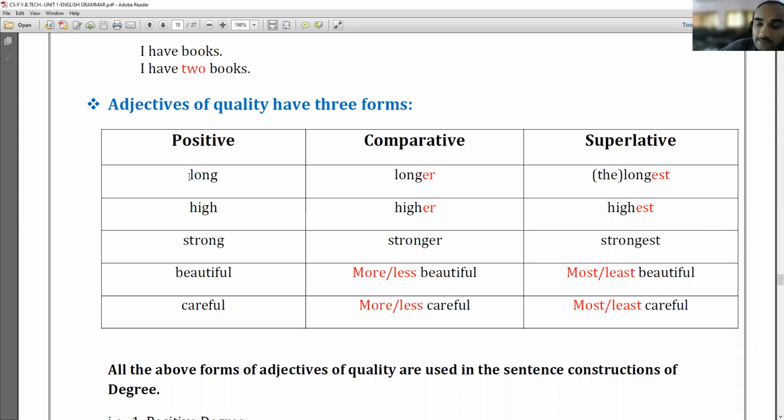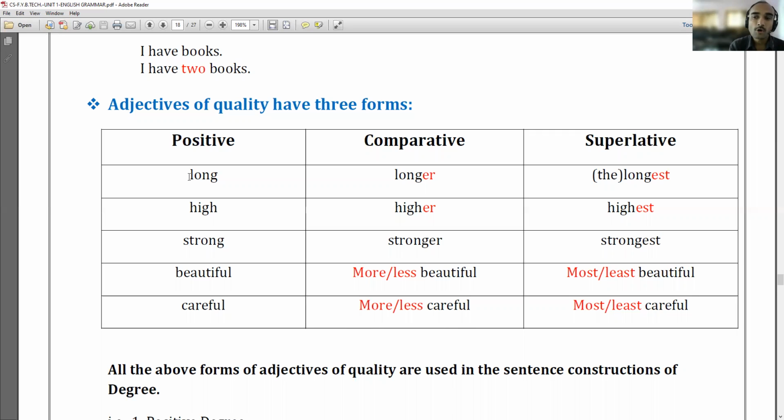So I have discussed it while teaching you people the articles. Okay, जेव्हा आपण articles शिकत होतो, when we were learning the articles, at that time I have told you that before the superlative adjective we have to use article the.